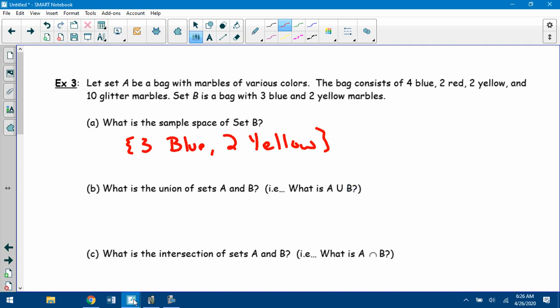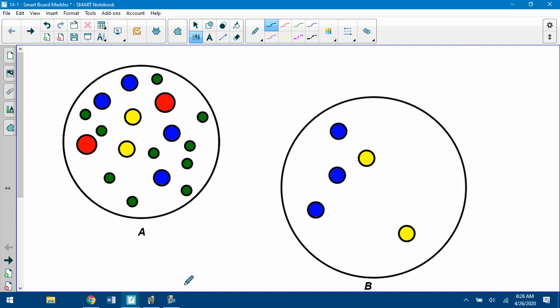So that would be what would happen if I took my 2 bags of marbles and then just totally dumped them out.